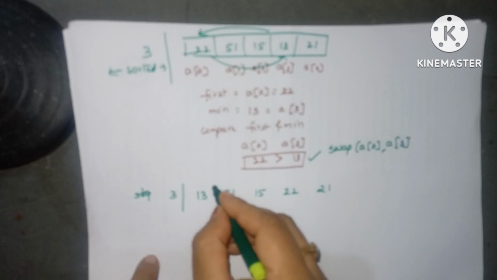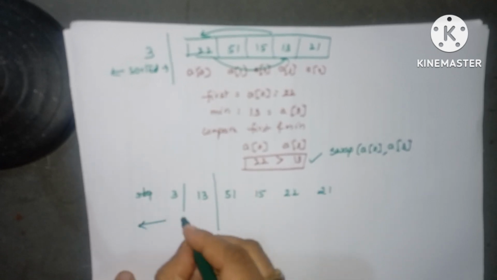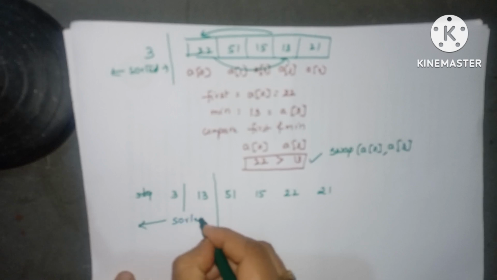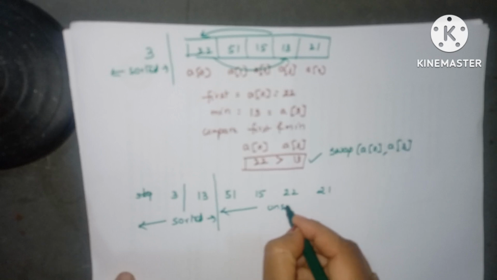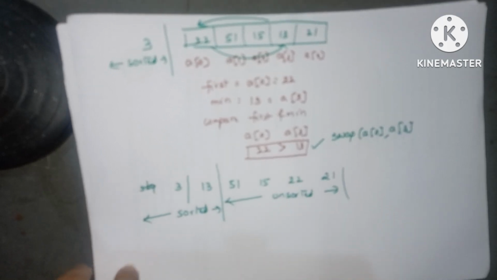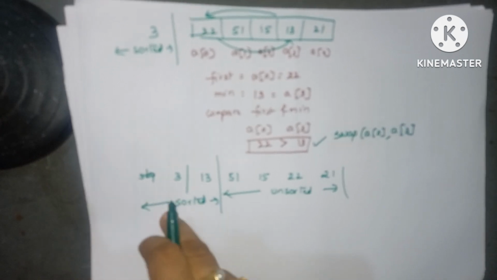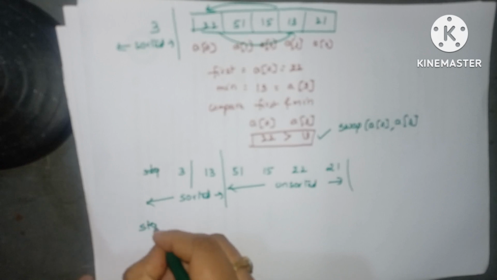Whenever the first element is swapped, this is divided into two parts. These two are the sorted part, and these four are unsorted. Is it clear? After step 2 is completed, two elements are in sorted position, and the remaining are unsorted. Then step 3, same thing.